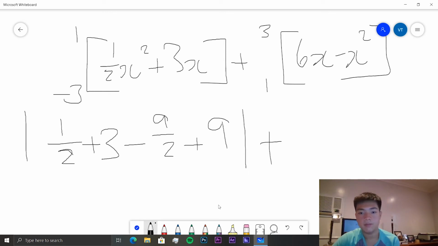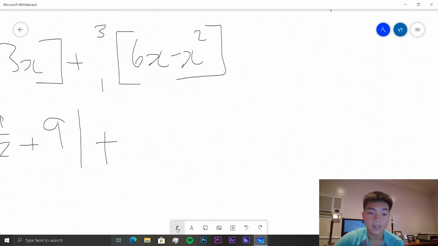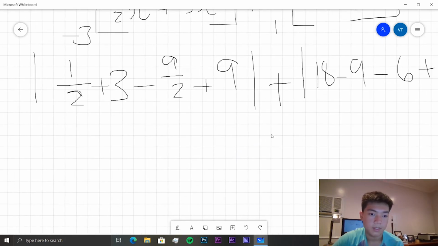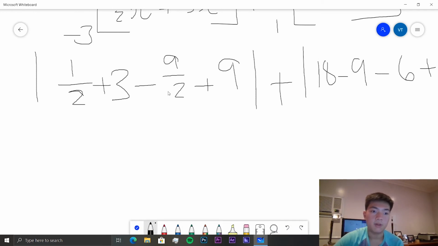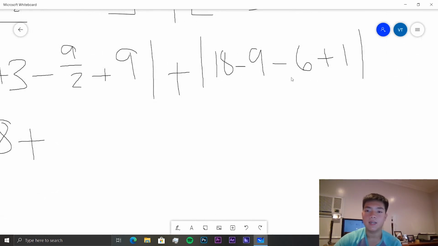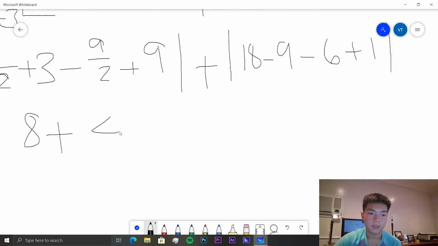Plus, now we have 6x minus x squared, so we have 18 minus 9 minus 6 plus 1. So we can get here 1/2 minus 9/2 is negative 4. So we have 12 minus 4 is 8, plus 18 minus 9 minus 6 plus 1 is 9 minus 6, 3 plus 1, 4. So 8 plus 4, so the area should be equal to 12.